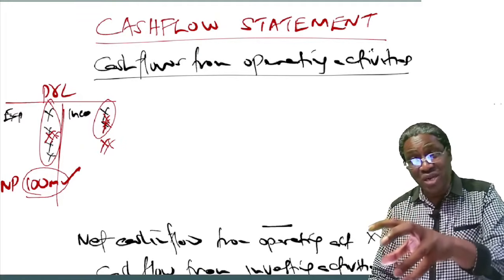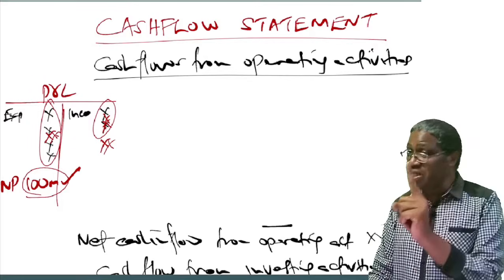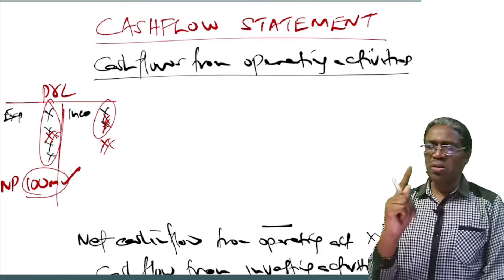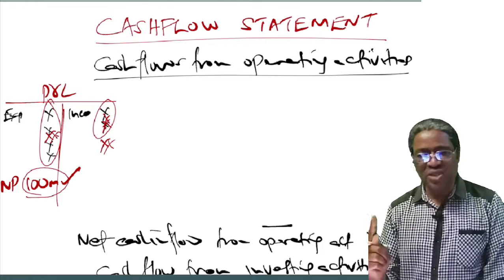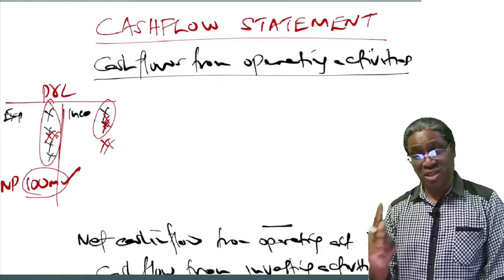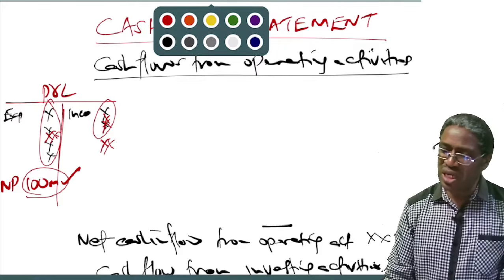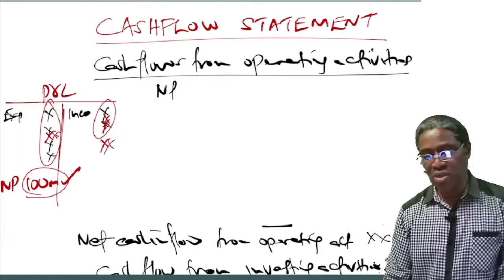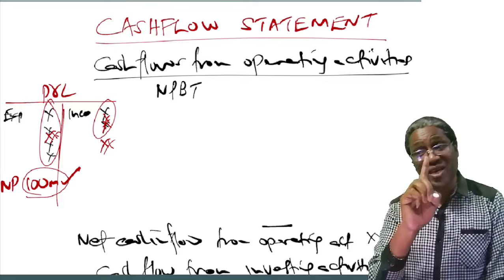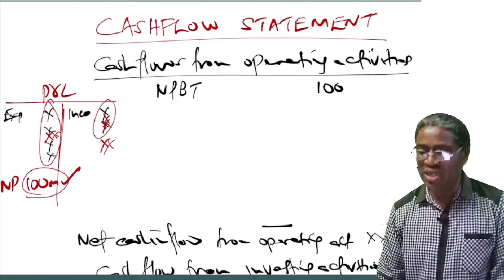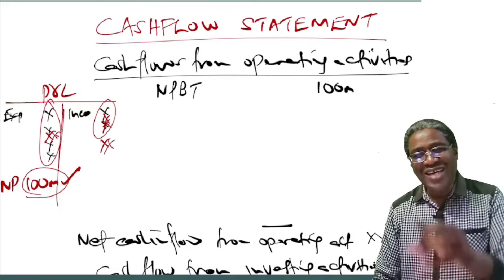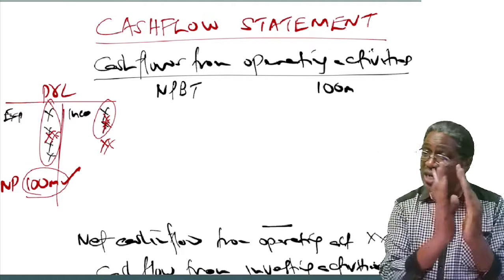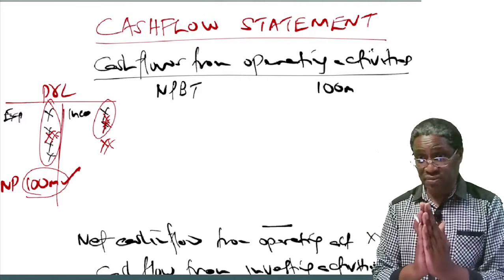So to determine the cash flows from operating activities, we normally pick that profit before tax that you are given in the income statement, which in our case here is 100 million, and adjust it with the few items that went to the income statement which are not by cash.